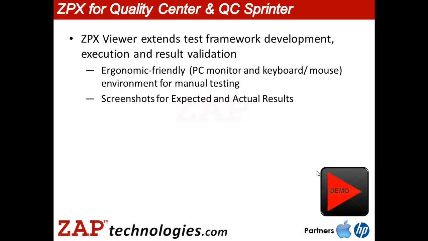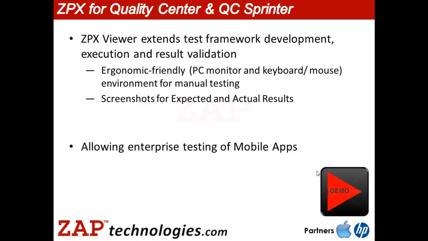We offer test case development by taking screenshots for expected and actual results if we want to illustrate. We also extend execution, as you saw, using the Sprinter and the reporting, because all the steps with the screenshots and the execution data are going to be incorporated in the Quality Center reporting.